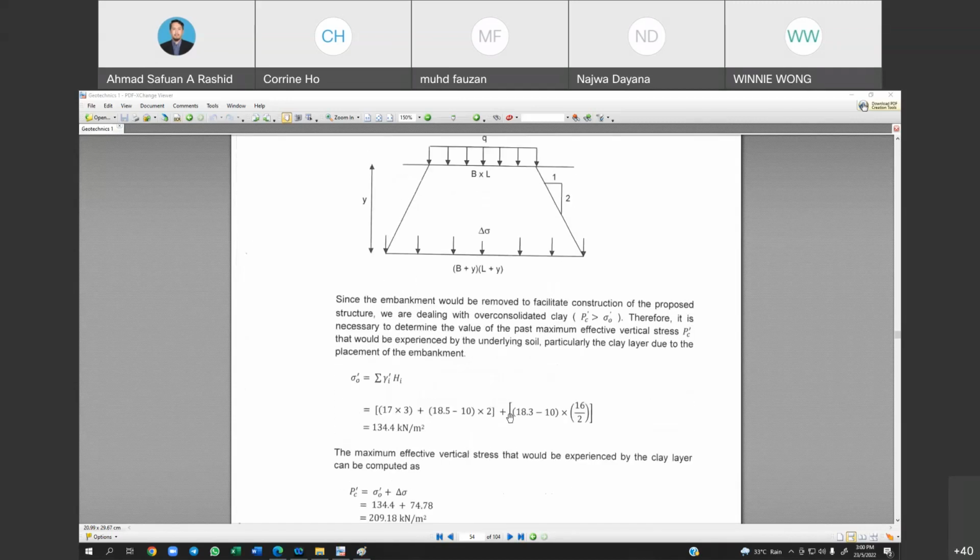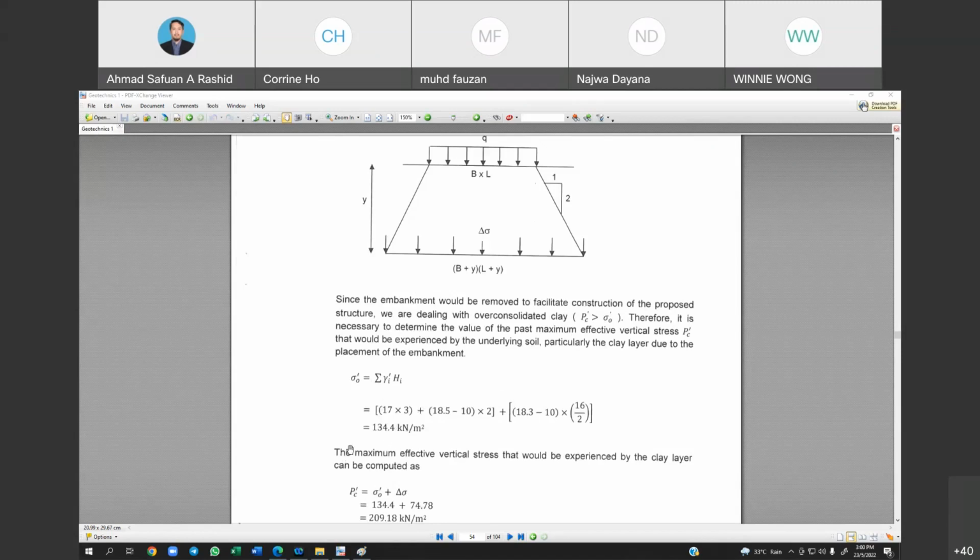So before we can get the PC, we need to get the delta sigma. Sorry, the sigma naught is the effective vertical stress, so the value is 134.4.